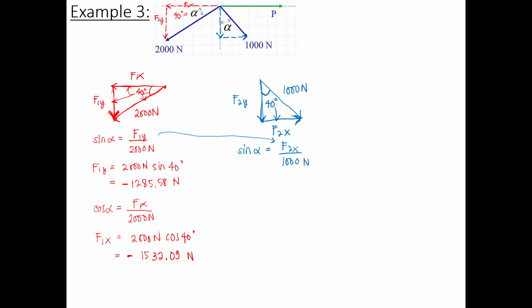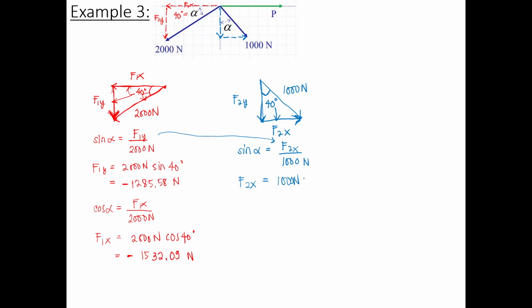Since the opposite side of the 40-degree angle in force number 2 is the x component, you follow that. Earlier, the opposite side of the 40-degree angle was the y component, so that was your sine function. The sine function for the second figure is the x component. It depends on the diagram that you have created.